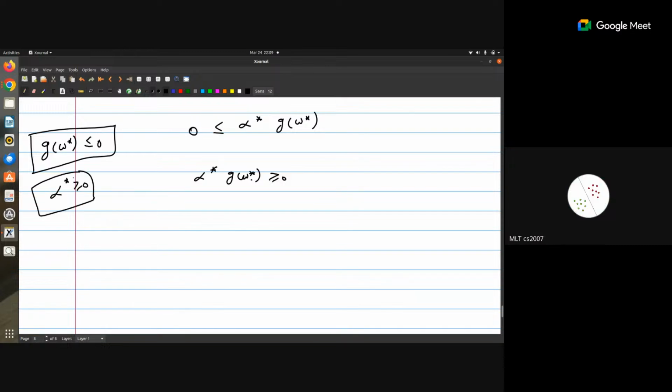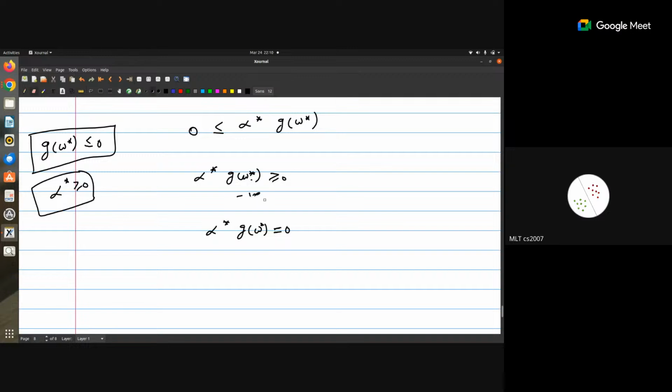Both will be satisfied when alpha star is 0, in the equality case. Otherwise this is not a feasible thing to do. If you increase alpha and g of w star is less than 0, a positive quantity and a negative quantity, this will not hold true. This condition is never possible.